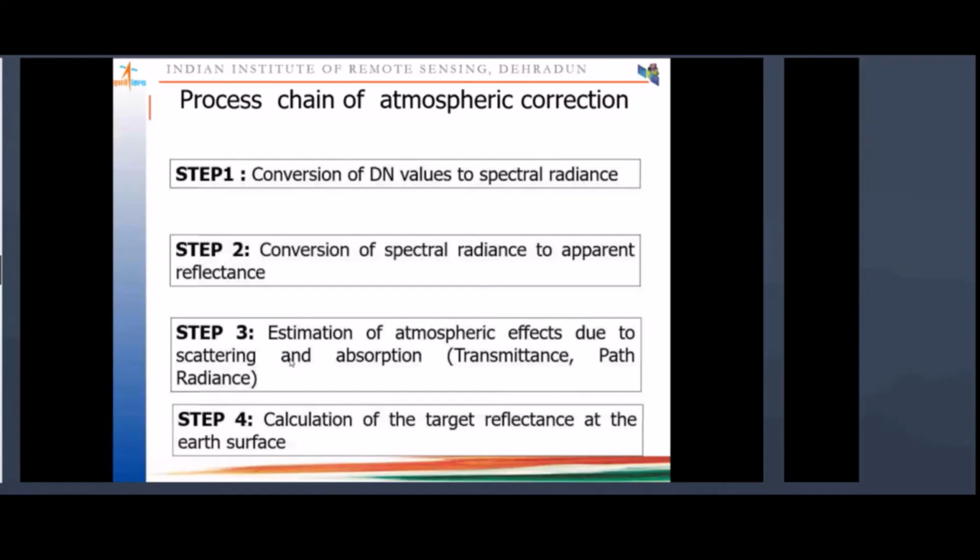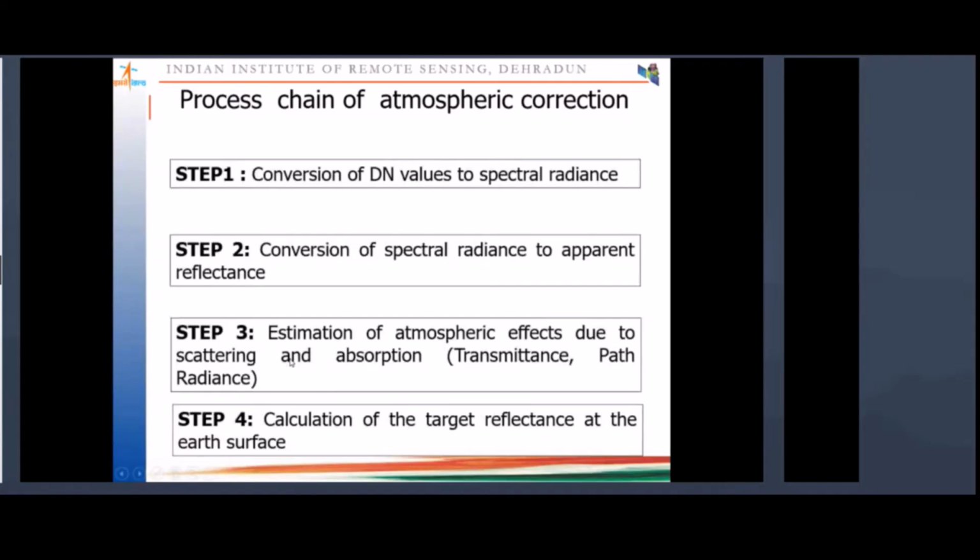But for the sensors which have poor signal to noise ratio, or if we are going for quantitative remote sensing, then we need to do atmospheric correction also. That is, we need to go for estimation of atmospheric effects and then remove this atmospheric component from the top of atmospheric reflectance and calculate the target reflectance at the Earth's surface. So this is the entire process chain of radiometric corrections.